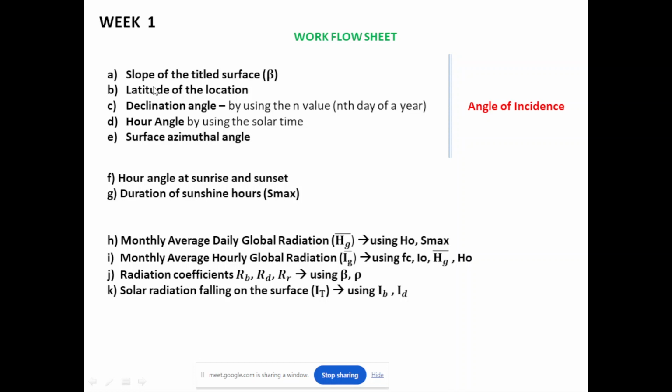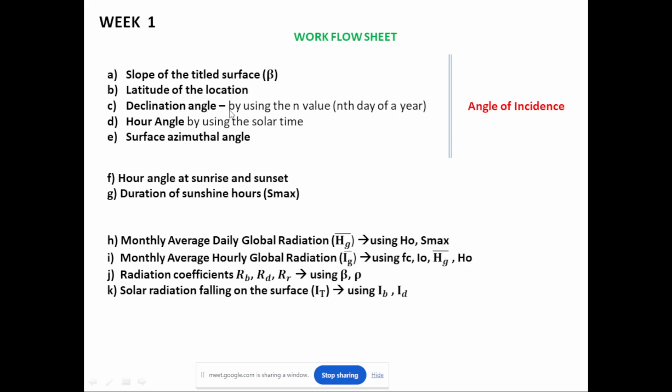Then you need to know the latitude of the location. So how do you identify the latitude of the location, and convert a location given in degrees, minutes and seconds completely into degrees for our calculation purposes? Take the minutes part, divide it by 60, and add it to the angle, which will give you the total angle.